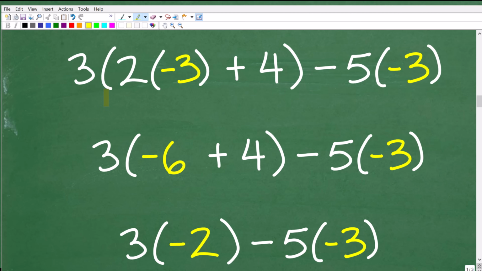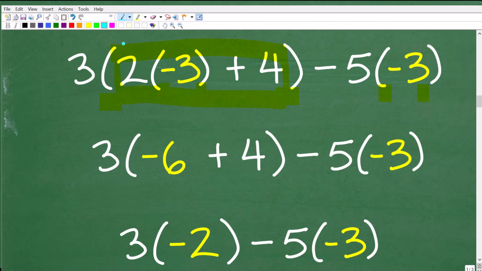We have parentheses right here, and of course the negative 3 is in parentheses as well. But effectively what we need to do is go to these parentheses and simplify the numeric expression inside the parentheses first, in order to take this problem to the next step.